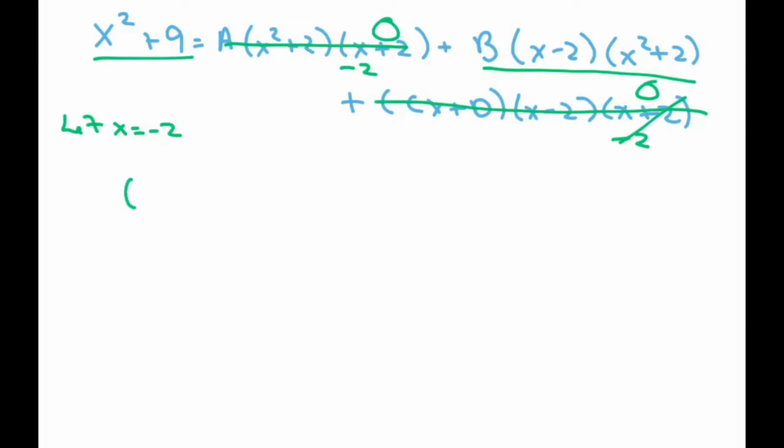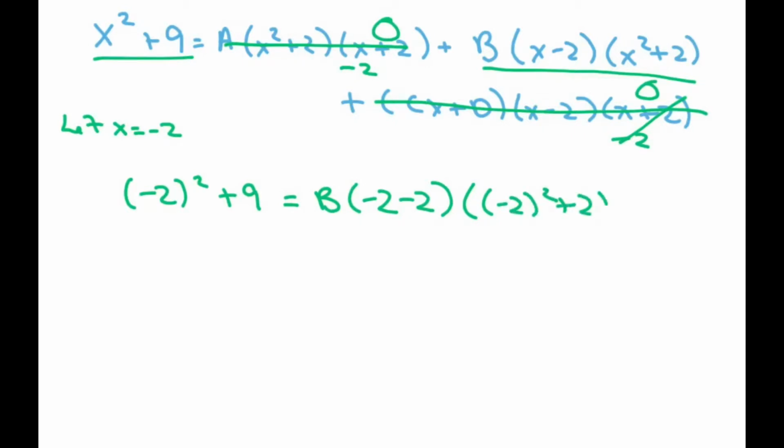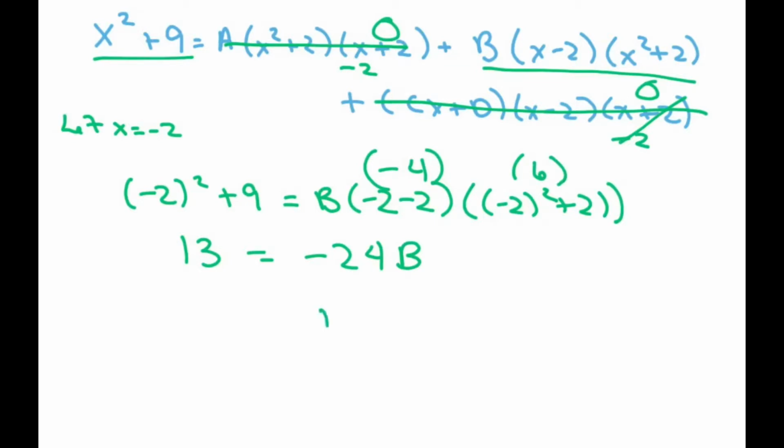We get negative 2 squared plus 9 equals b times negative 2 minus 2 times negative 2 squared plus 2. So this is going to be 13 over here again. However, this side is going to be negative 24b. That's negative 4, and that's going to be 6. So b is going to be negative 13 over 24.